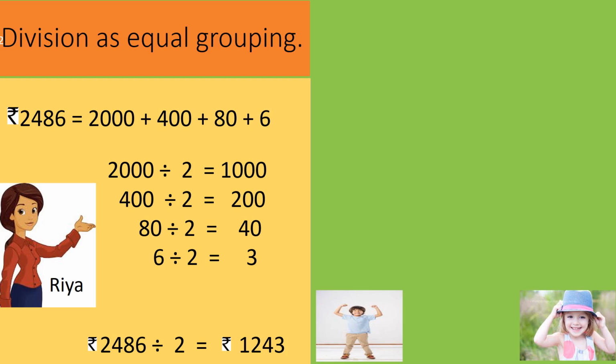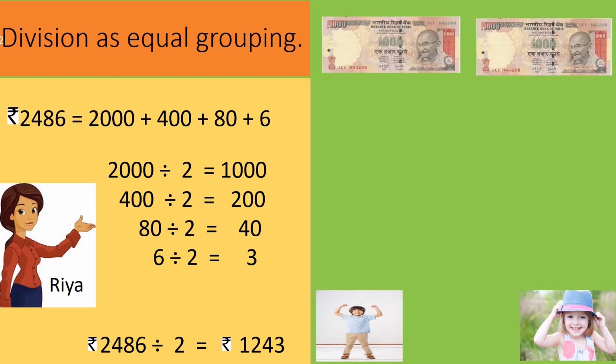Let us see how Mrs. Ria is grouping rupees 2486. So rupees 2486 is equal to 2000 plus 400 plus 80 plus 6. So first of all, what is 2000 divided by 2? It is 1000 each.